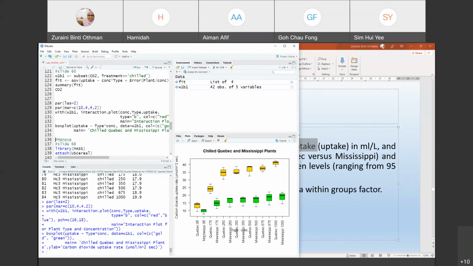This is the box plot. You can see Quebec here, and these are the different levels: 95, 175 for the two different places, and also 250 for the two different places. How many levels do we have? 1, 2, 3, 4, 5, 6, 7 levels.